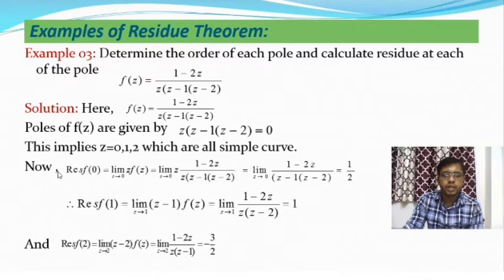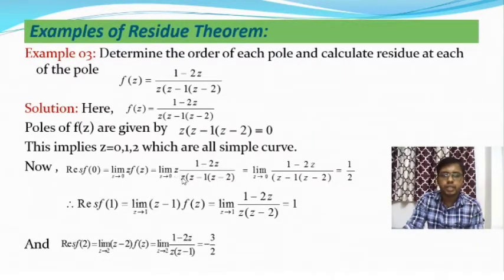So first of all we are going to find the residue at z is equal to 0. The residue at z is equal to 0 will be the limit, this is the definition of the residue, limit z tends to 0 of z into f of z, and f of z is the given function, 1 minus 2z by z into z minus 1 into z minus 2. So from this we get limit z tends to 0 of z into 1 minus 2z by z into z minus 1 into z minus 2.